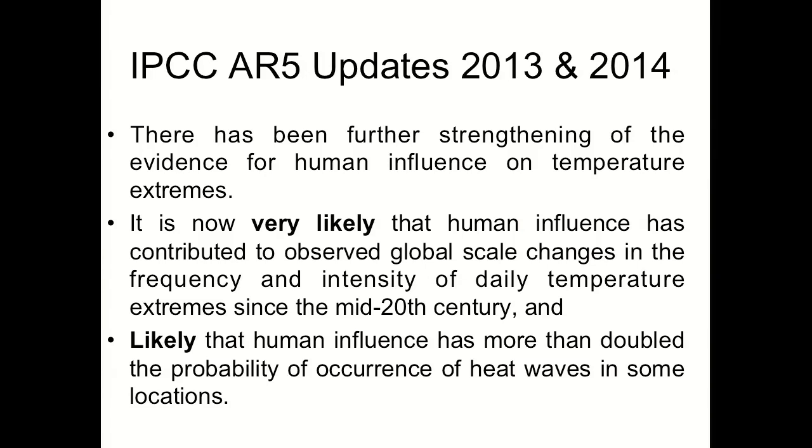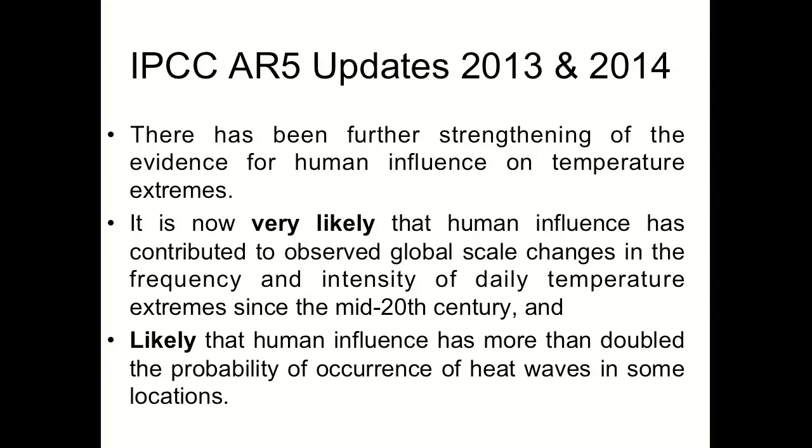So that seems to be quite clear now. It's now very likely, so they use terms like highly likely, very likely, etc. It's now very likely that human influence has contributed to observed global changes in the frequency and intensity of daily temperature extremes since the middle of the 20th century.